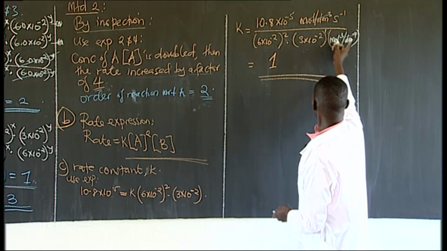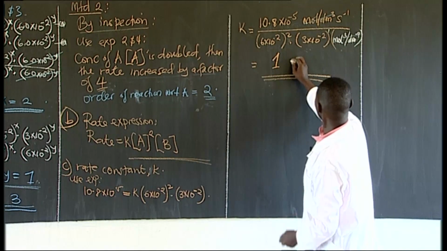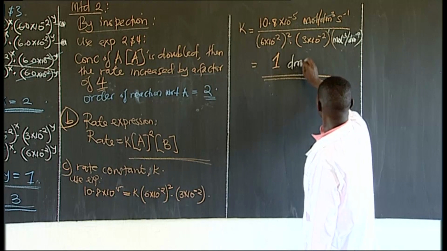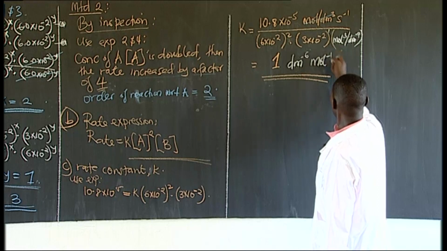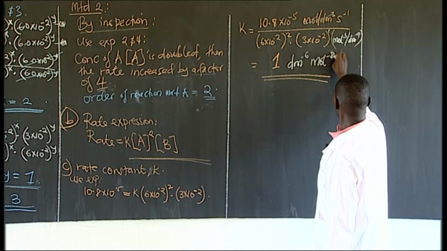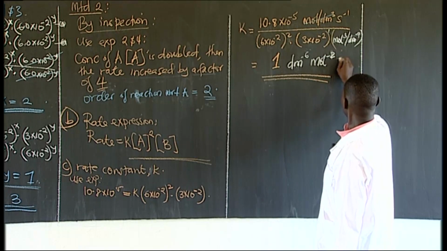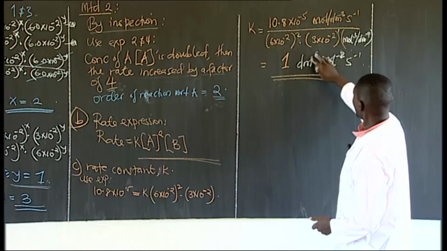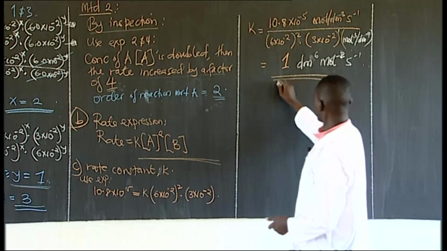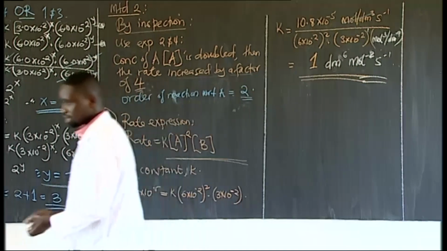So it will be decimeter^6 per mole squared, then per second. This will be a positive value there. Then you get your final answer like that.